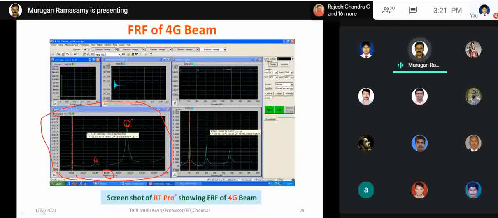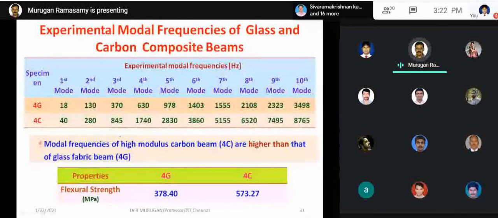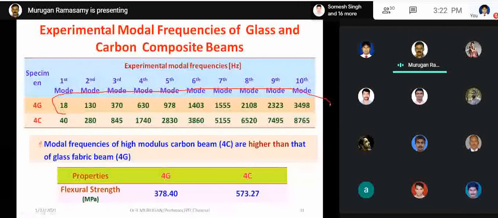The natural frequencies for the glass beam and the carbon beam were studied separately, and we listed the natural frequencies for the first 10 modes. Experimental evaluation is very difficult; you have to do it carefully.